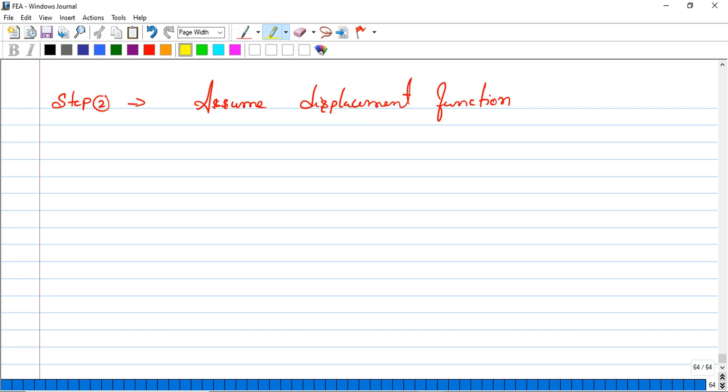So we have no other option. The displacement function is given by V is equal to A1 sine pi x by L plus A2 sine 3 pi x by L. This will be our trigonometric function, which I will consider as equation 2.